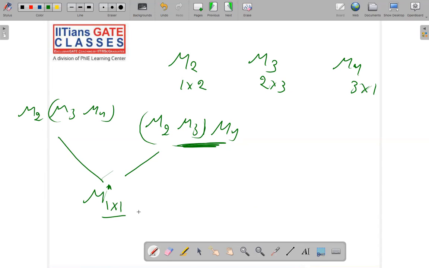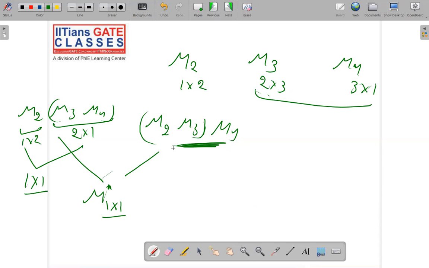M3, M4 after multiplication will have dimension 2 by 1, and M2's dimension is 1 by 2, and once you multiply these two, the result dimension will be 1 by 1. M2, M3 dimension will be 1 by 3, and M4's dimension is 3 by 1. Once you multiply, the result dimension will be 1 by 1.